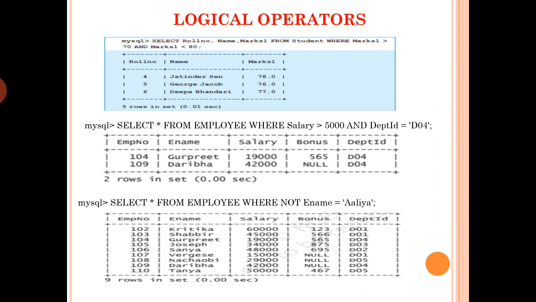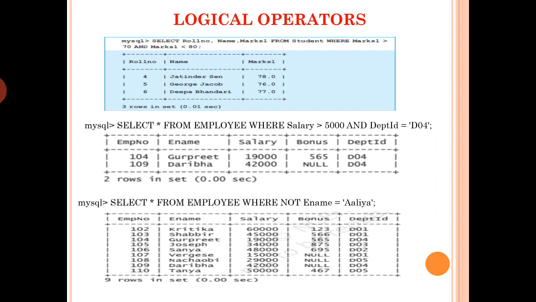The statement select star from employees where salary greater than 5000 and DPT ID equal to D04 will display all the employees who are earning more than 5000 and work in the department with department ID D04.